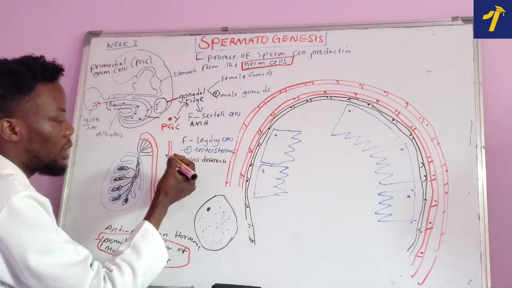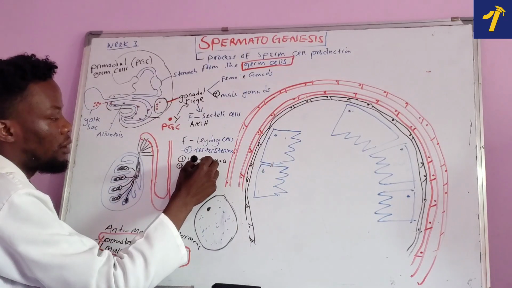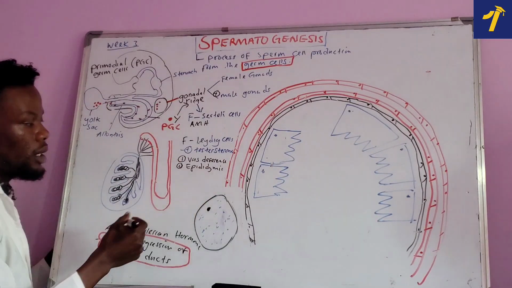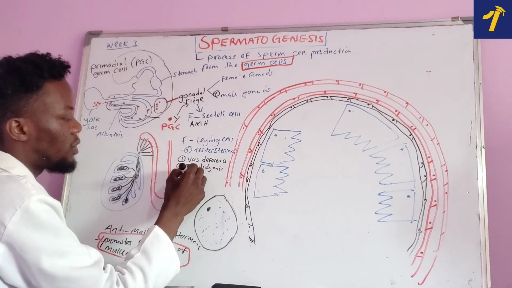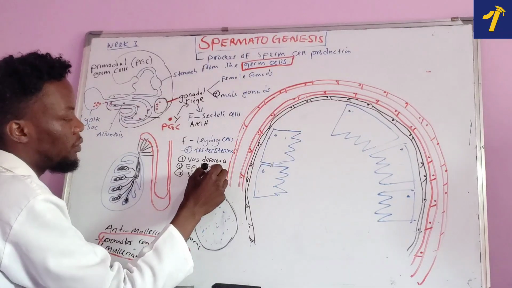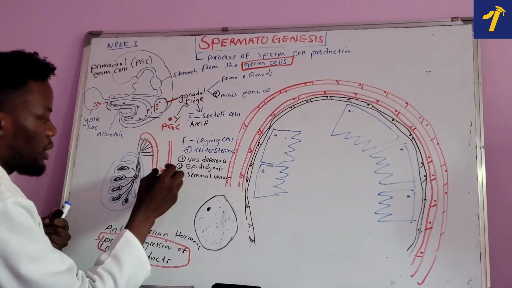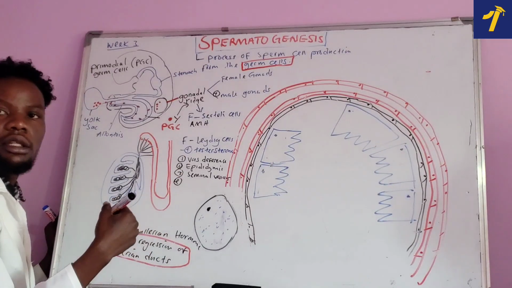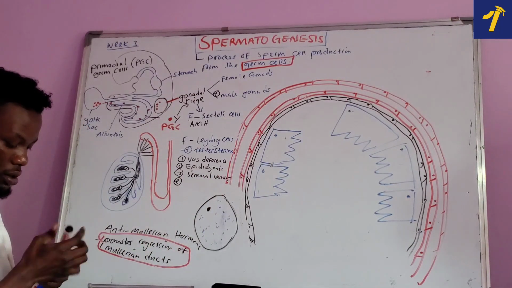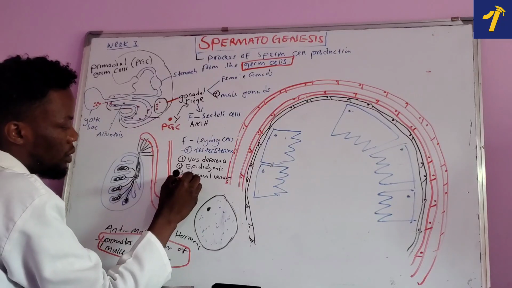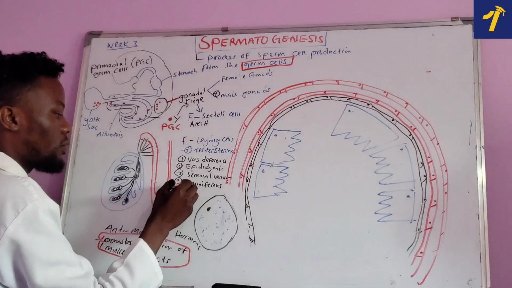Okay. The second one is what? It promotes the development of the epididymis. Number 3 is promoting the development of seminal vesicles. The last one is the development of seminiferous tubules.